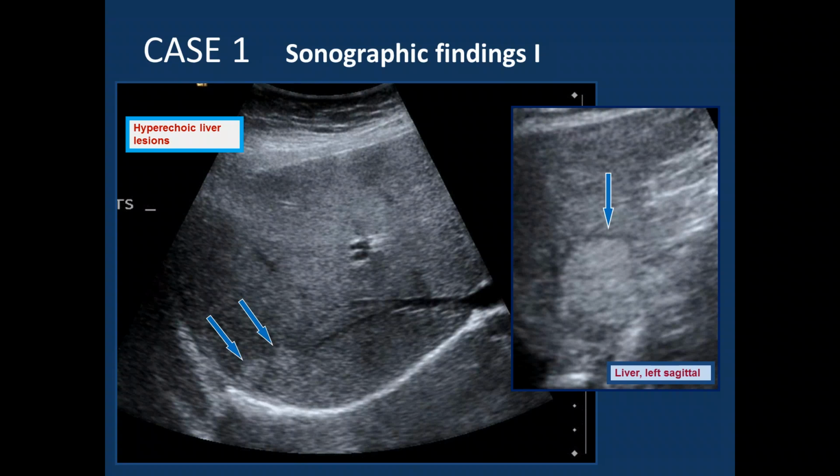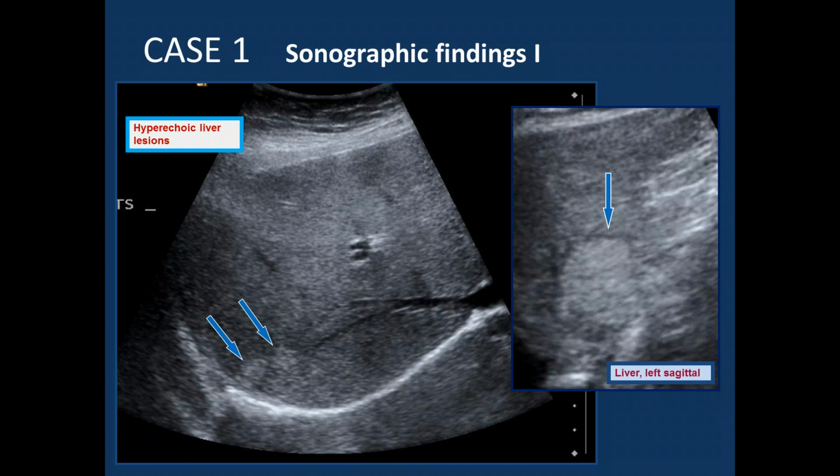Are there any suggestions? Not yet, but let's give them some time. Is there any idea about a hyperechoic round lesion in the liver? I will help a little bit. The left ones are typical, classical.